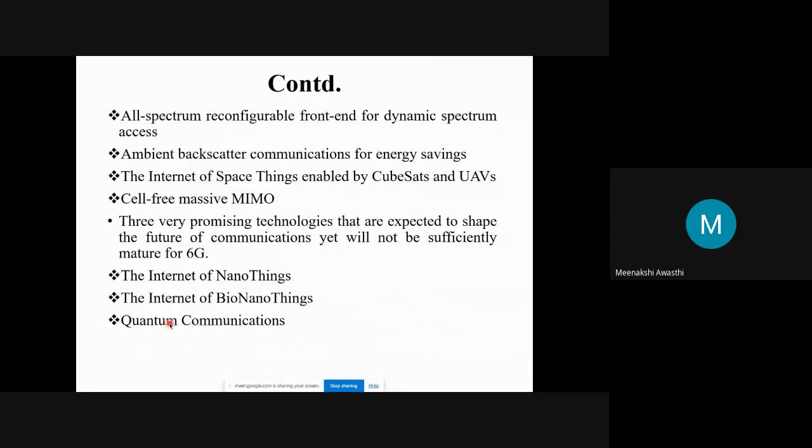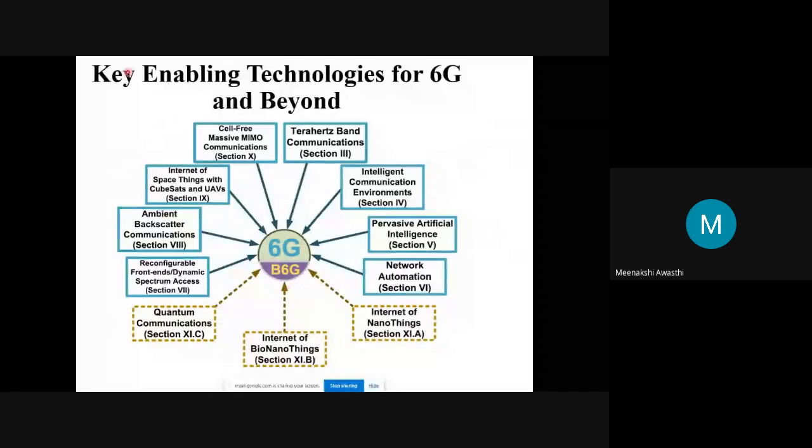We don't expect these things in 6G, but maybe in higher versions of 6G they will be seen in the future. The first is the Internet of Nano Things, the second is the Internet of Bio Nano Things, and then quantum communication. So this is the beautiful picture of 6G and beyond 6G. These are the key areas and key technologies involved with the 6th generation.